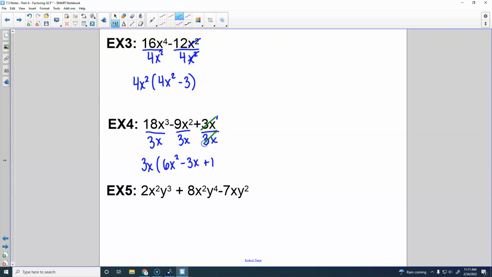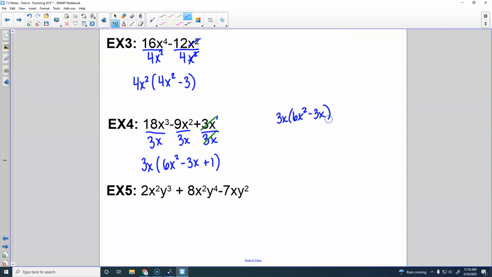I'm glad that you said nothing, though, because what a lot of students do right here is they just cancel those out. And when they cancel it out, they think it's gone completely. If everything cancels, there's still a 1 there because something divided by itself is still 1. If you don't have that 1 there, so if we got an answer of 3x times 6x squared minus 3x, don't write this down because it's wrong.